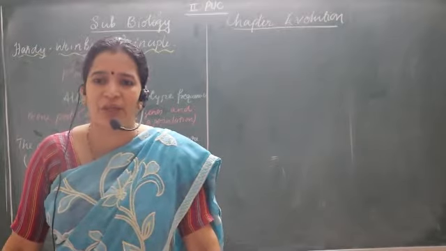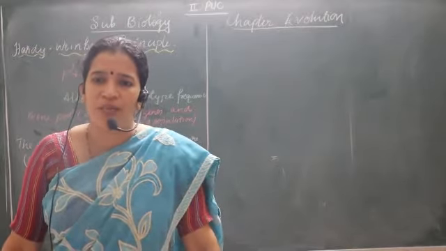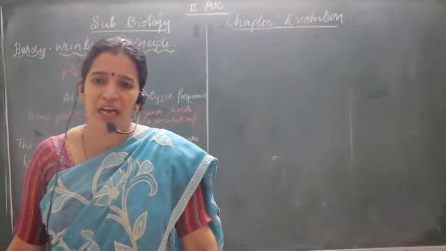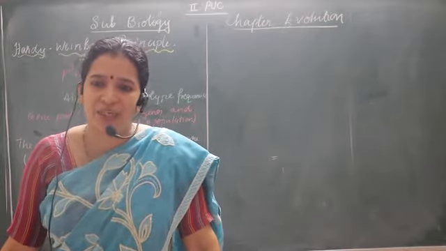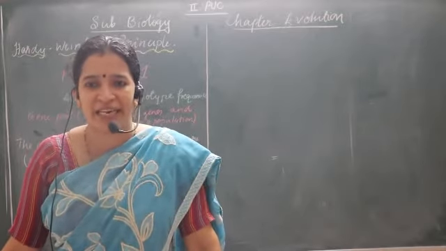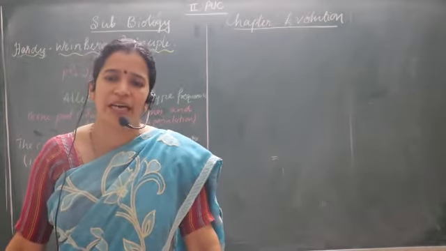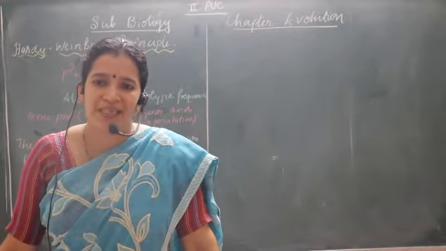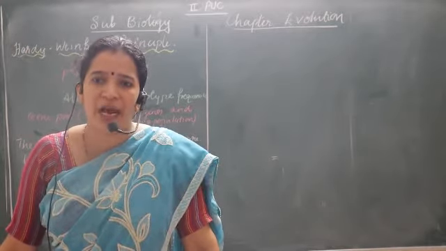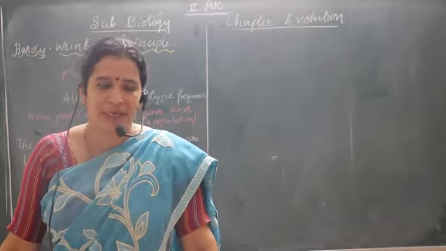So we can find out how much a particular characteristic is continuing, which character is more dominant and which is more seen in a particular environment. Those features can be calculated or identified by using this principle.